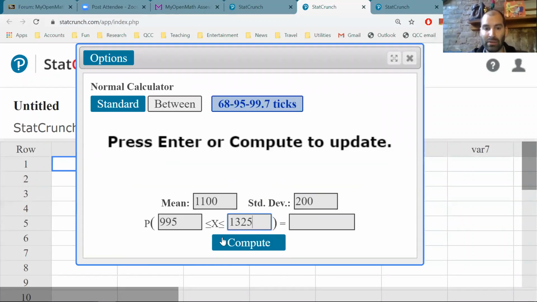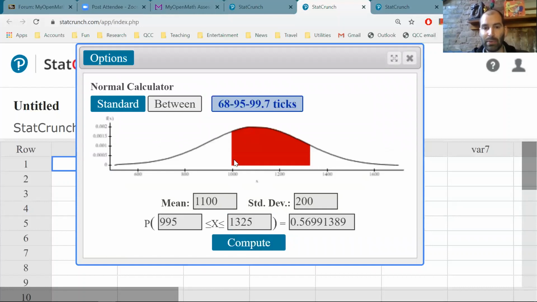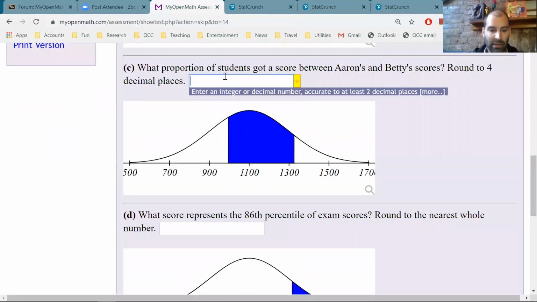X is between these two numbers. And see, we have a shaded area between these two values, so that makes sense. Always look at the picture to make sure it makes sense what you're doing. And 0.56991, so I keep it 0.5699. That is the proportion of students that got a score between those students.